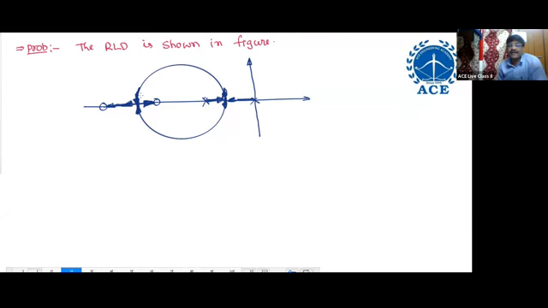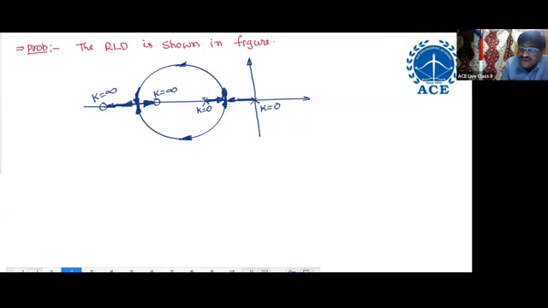So this is the diagram, this is the RLD. Here K is 0 at poles. Already I told, at zeros K equals infinity. This is the diagram.